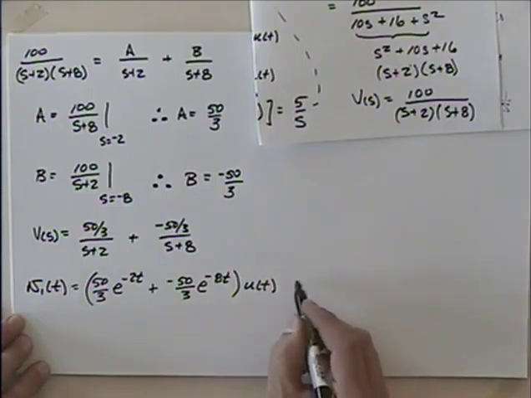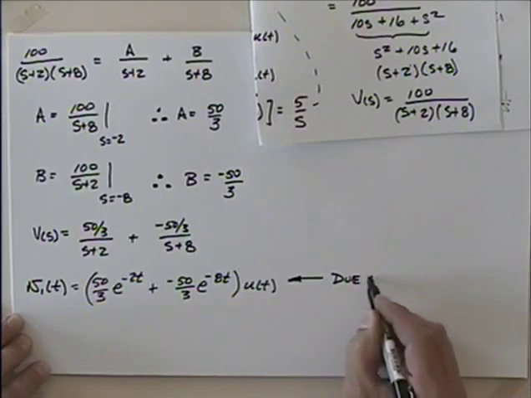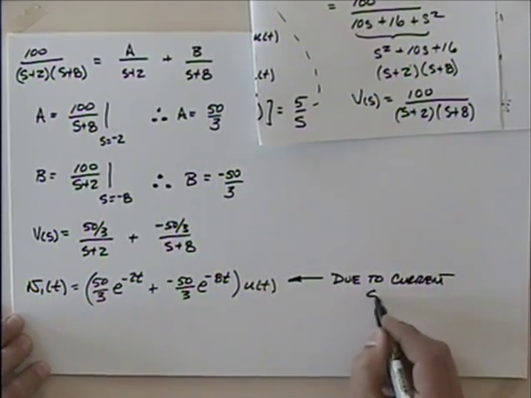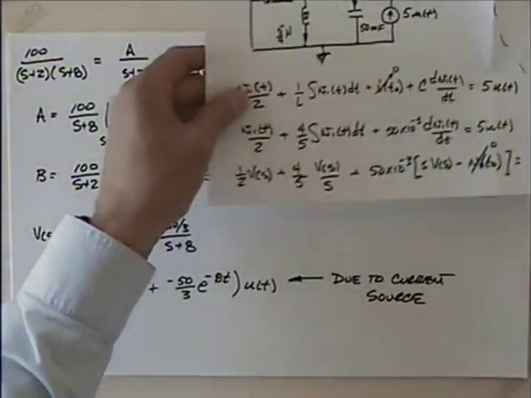So this would be due to the current source. Isn't that? Yeah, that was the problem. That's due to the current source.